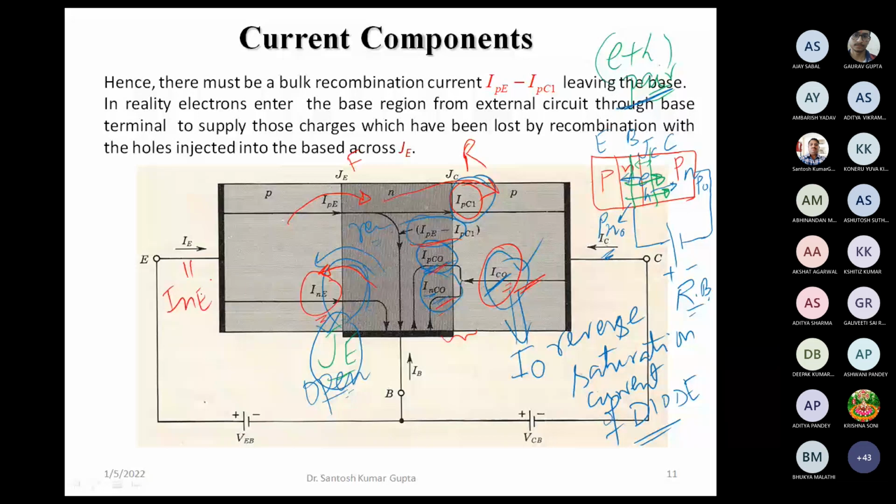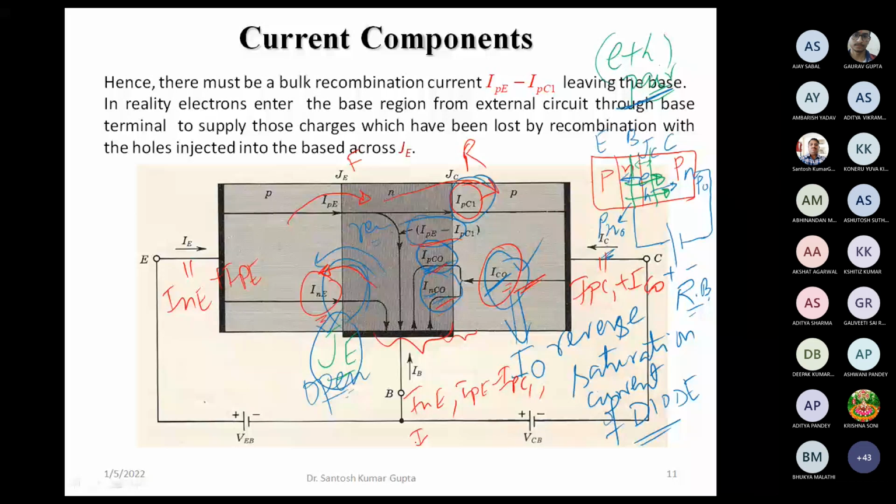Whereas the collector current is equal to IPC1 plus ICO, and the IB current has four current components, that is INE, IPE minus IPC1, and then IPCO and INCO.